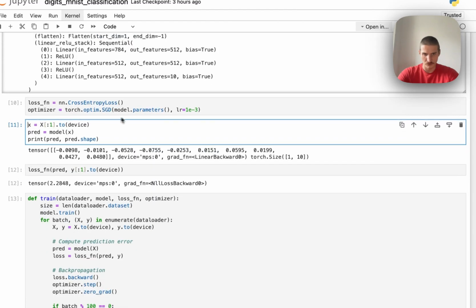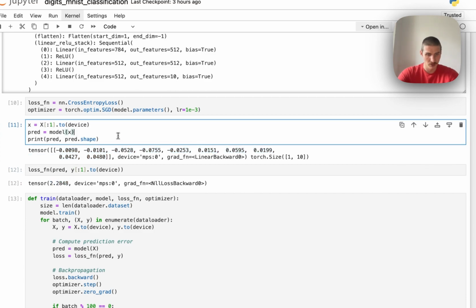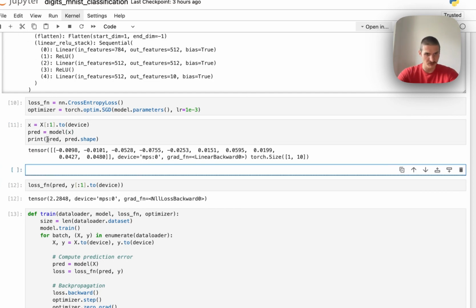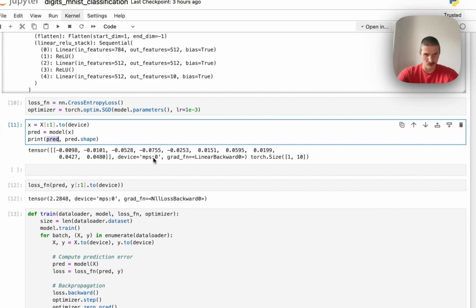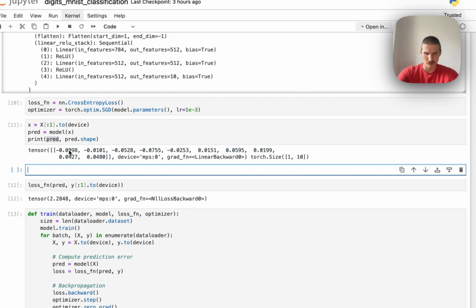So before we actually trained the network, we printed out the actual predictions of the network, and we got something like this. And then the loss was something close to 2.3, right? So how do we actually get there? First of all, these predictions are just random, because we just randomly initialized the network, and they all are pretty close to 0.